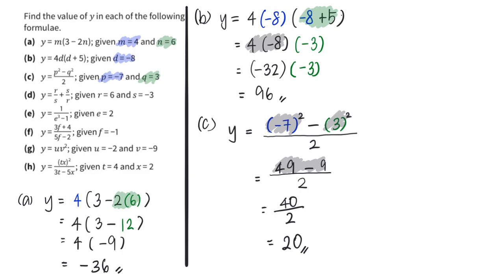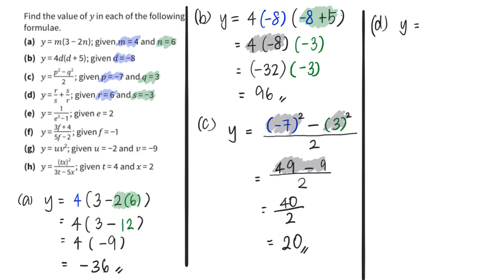to part D. Part D, we are given that y equals r over s. And for r over s again, they give us a value. r is 6, s is negative 3.